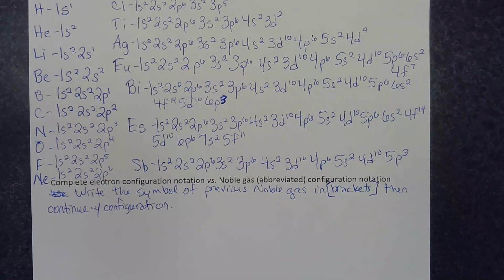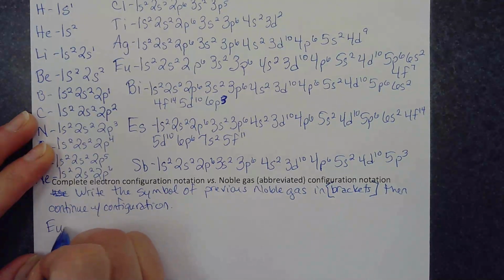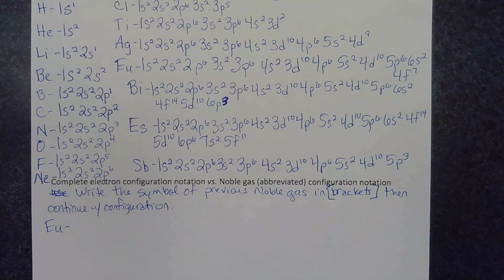So let's just take, for instance, europium. That was super long. Find europium on your periodic table. What number is that? 63. Who is the noble gas prior to that? Xenon. Very good.